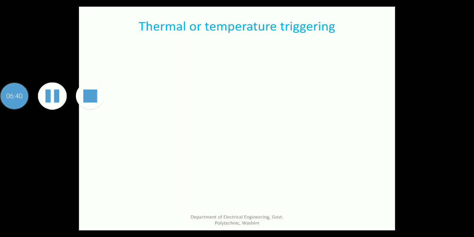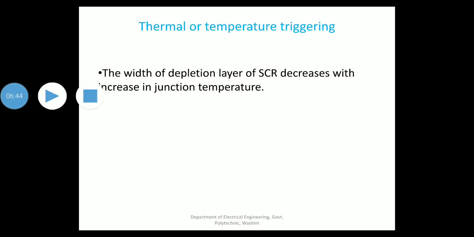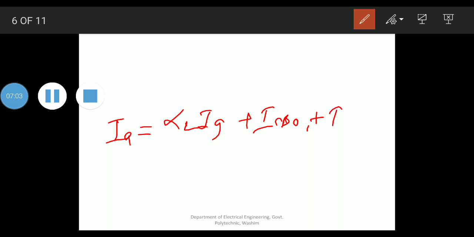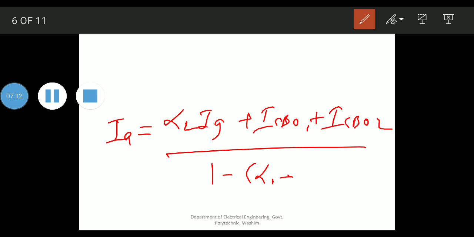Now next method is thermal or temperature triggering. Here, according to the two transistor analogy of SCR, we have one equation, that is IA, which is anode current, is equal to alpha 2 Ig plus ICBO1 plus ICBO2 divided by 1 minus (alpha 1 plus alpha 2).